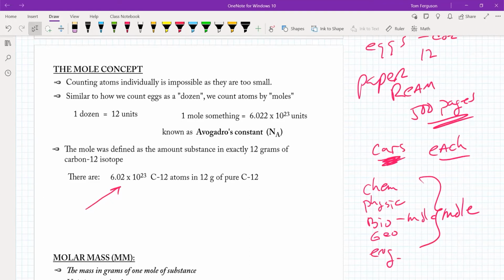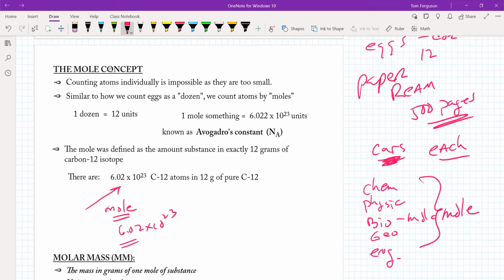That unit is the mole, and instead of 12 or 500, it's 6.02 times 10 to the 23rd. This is 3 sig figs. It can go out to 8 sig figs or whatever, but normally it's 6.02 times 10 to the 23rd, 3 sig figs.